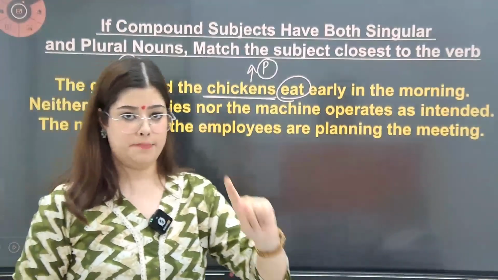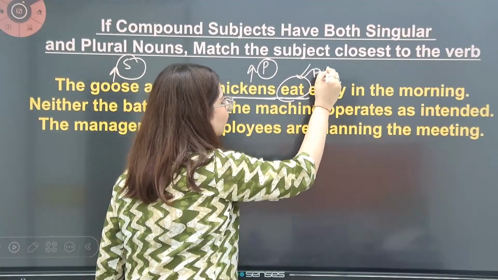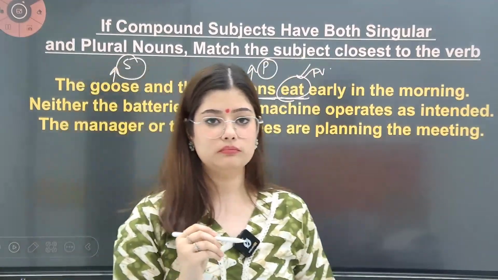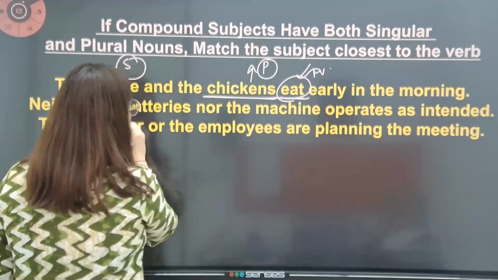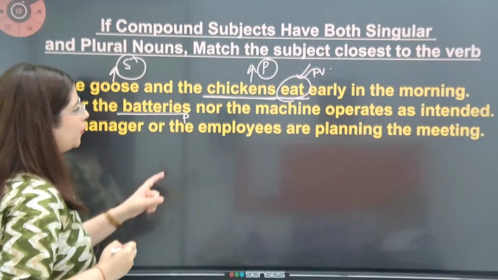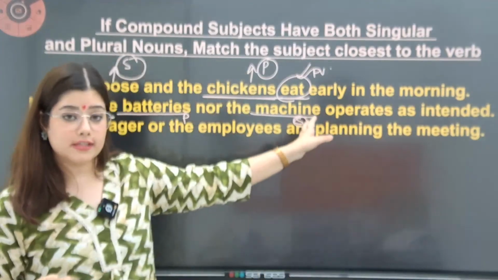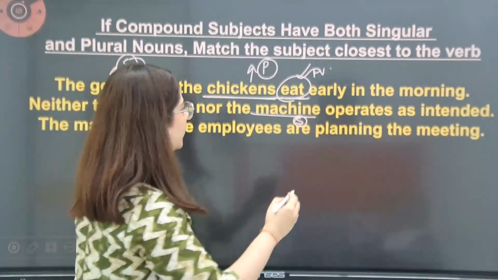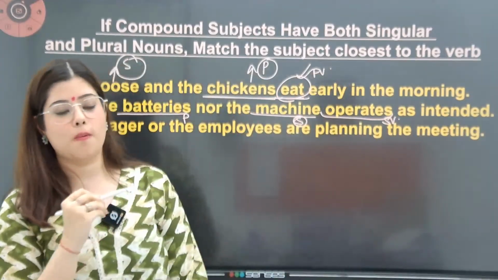Chickens is plural, so I'm going to take a plural verb form. Okay? Neither the batteries, so this is plural, nor the machine, but machine is singular and it is closer to the verb form. So I'm going to take up a singular verb form here.